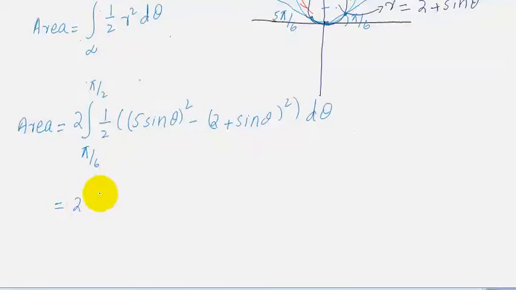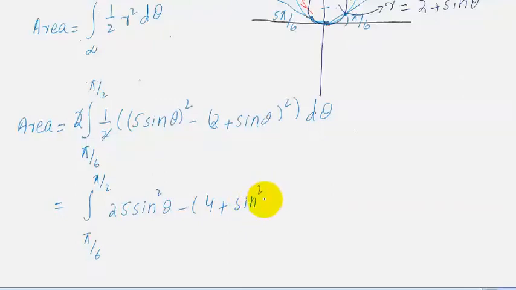This is equal to 2 times, here the 2 cancels out. So we get area equal to the definite integral from pi by 6 to pi by 2 of (5 sin theta) whole square, which is 25 sin square theta, minus, we open this square, 4 plus sin square theta plus 4 sin theta, whole d theta.